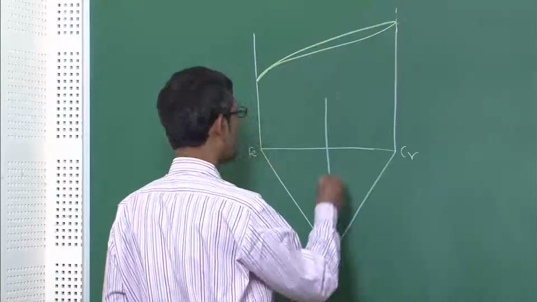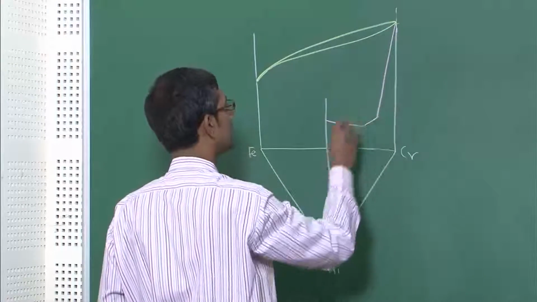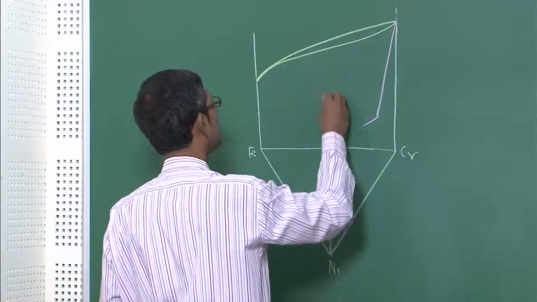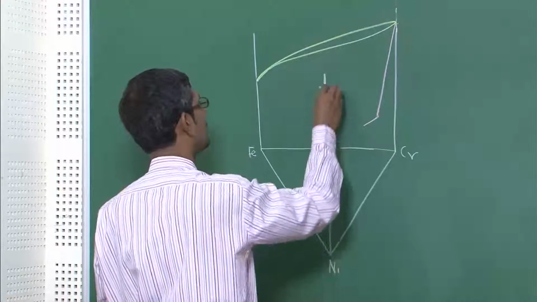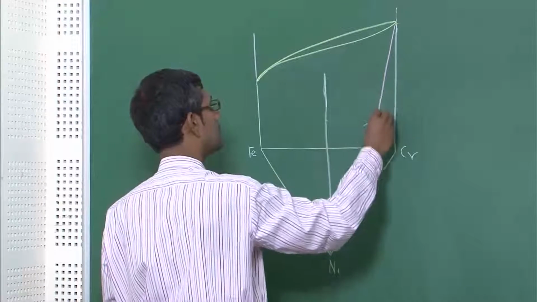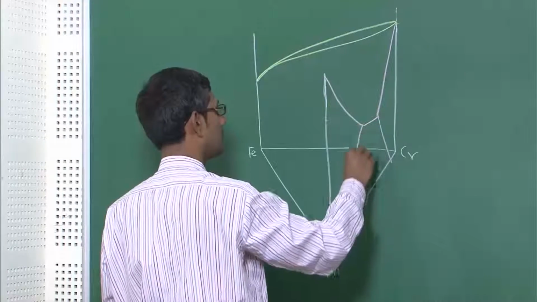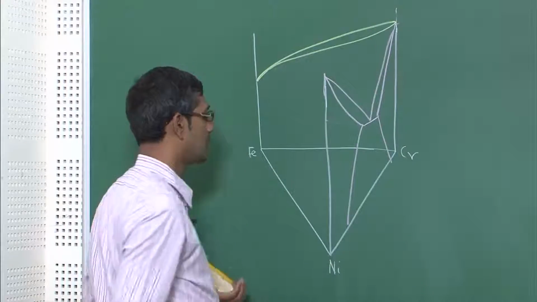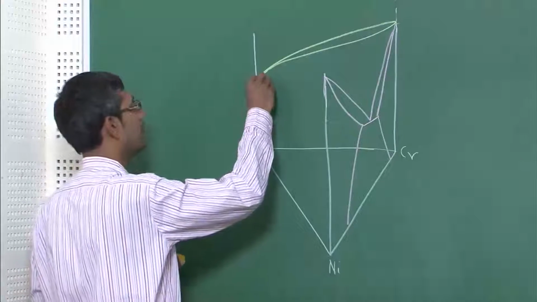And between chromium and nickel we have a eutectic forming. Nickel melts at 1455 degrees Celsius, so we should increase this a little bit. Correct. And then between iron and nickel, you have a peritectic reaction at the iron end.